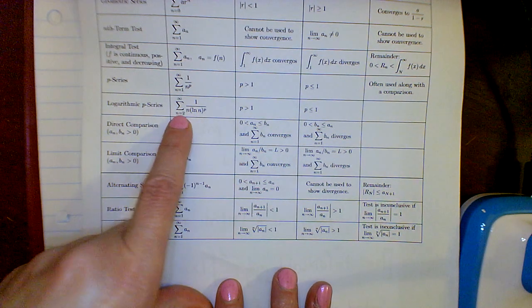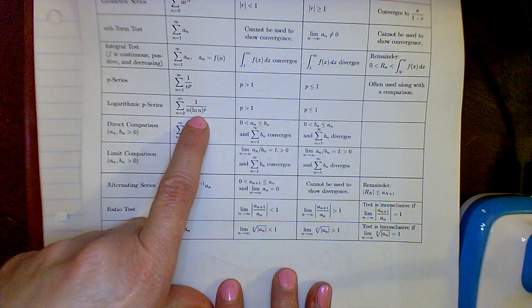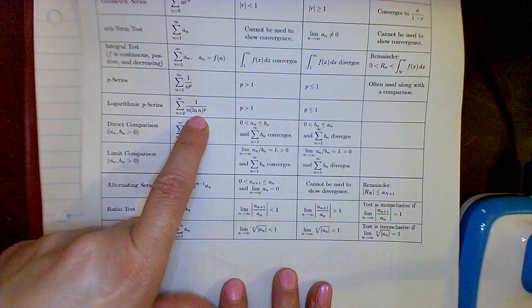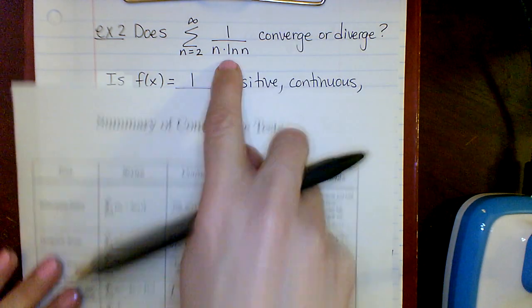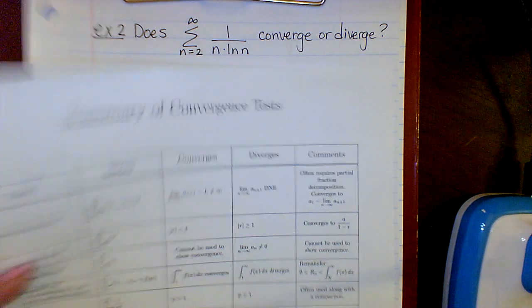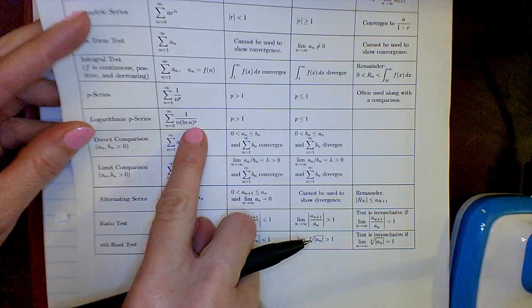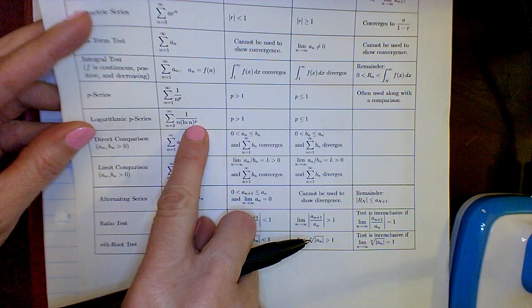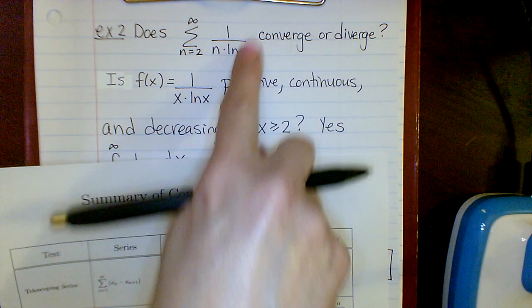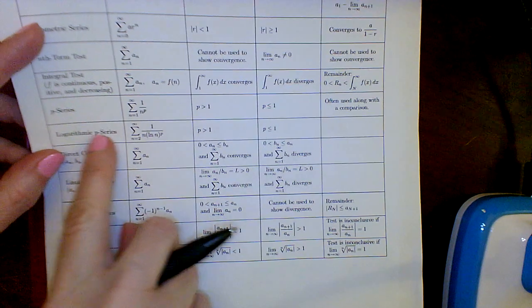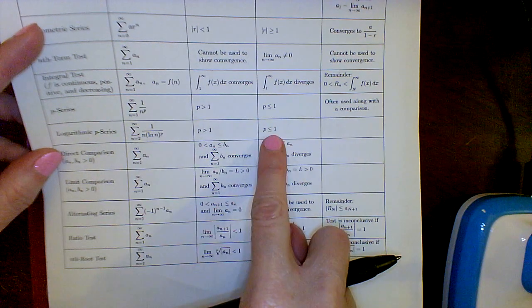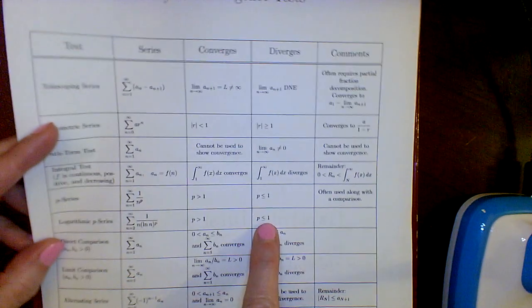And they always start their indexing at 2 because remember the natural log of 1 is 0, and I'm not going to divide by 0. If p is the power outside of that natural log, this is a logarithmic p-series where p is 1. A logarithmic p-series where p is equal to 1 diverges.